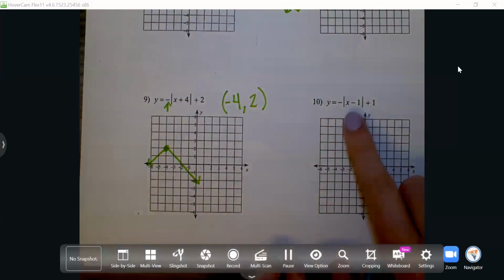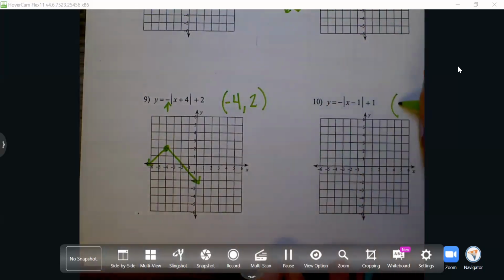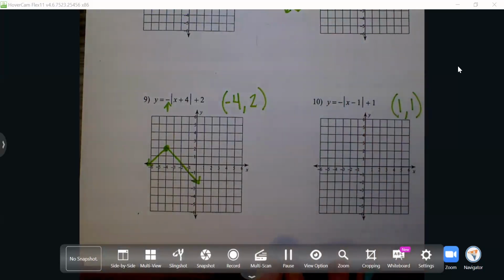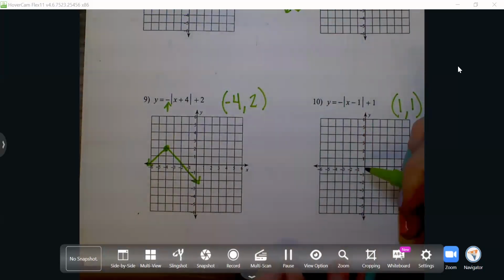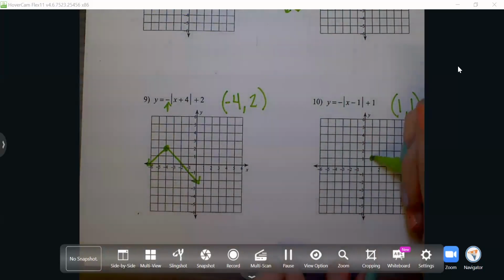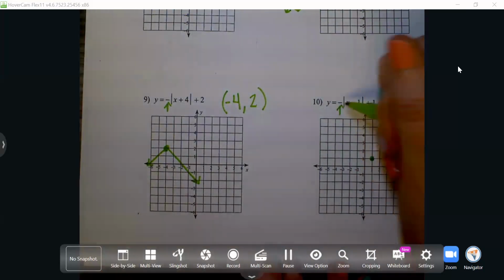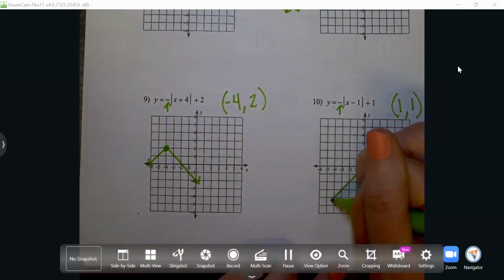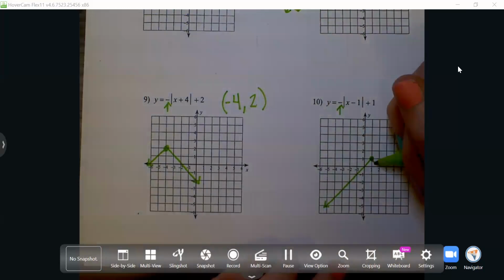Over here, -1, +1. I change this sign so it's a +1. I keep this sign so it's also a +1. My vertex is at 1, 1, and I have that negative symbol in front, so it's upside down. My V shape is going downwards.